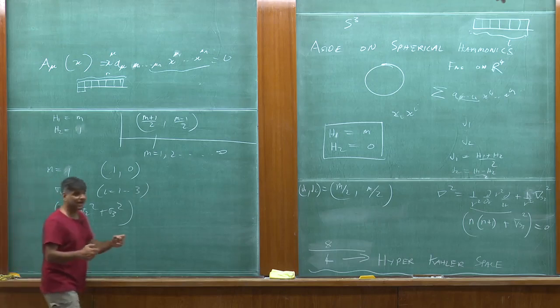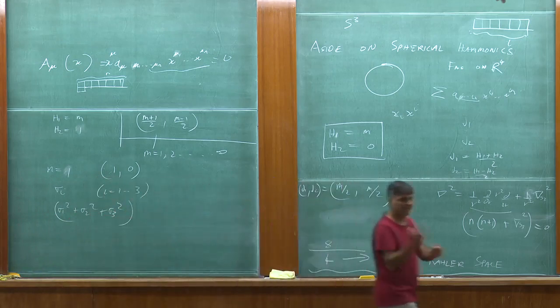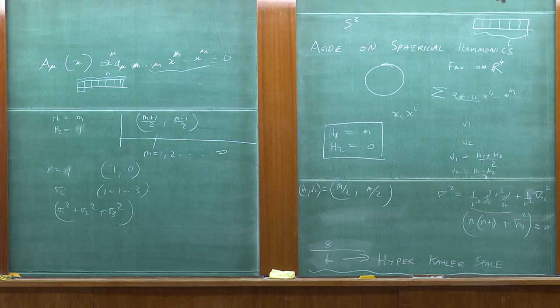Because sigmas are invariant under left, but under right transform like vectors. But you take this combination, and it's invariant even under right. And that is in fact the round metric on the sphere. Written in terms of left invariant one forms, the round metric on the sphere, which preserves SU2 times SU2, is that.